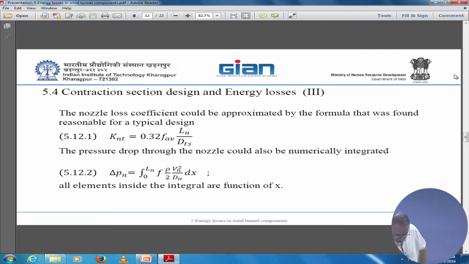The correlation between attenuation of turbulence level and the coefficient of loss is 1 over the square root of 1 plus k, where k is the coefficient of loss. And typical numbers are 20% or so, if the mesh is dense enough.